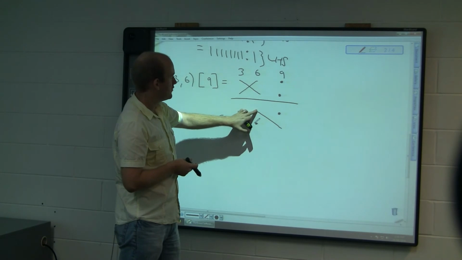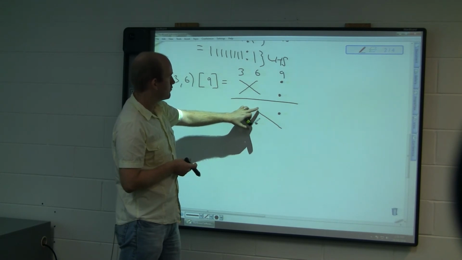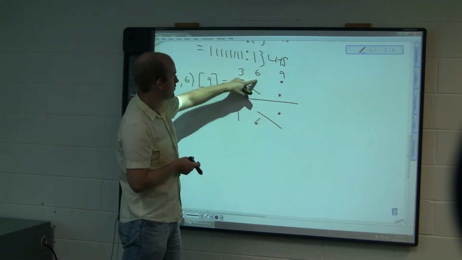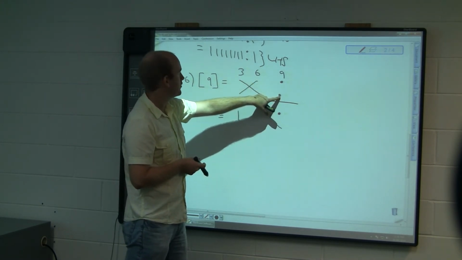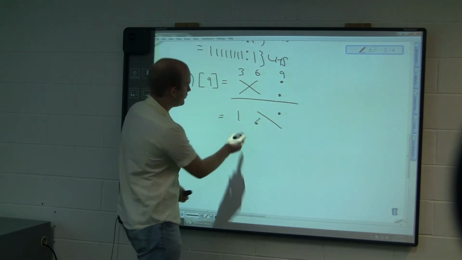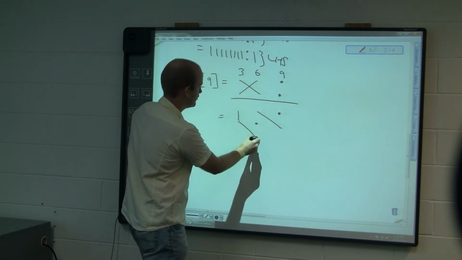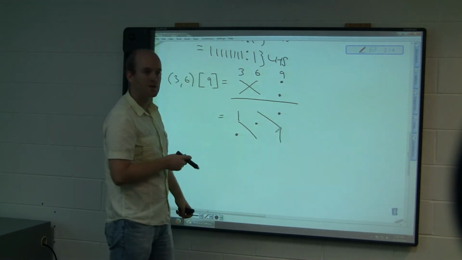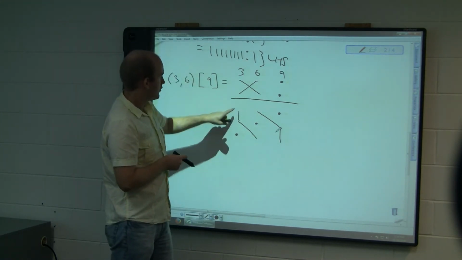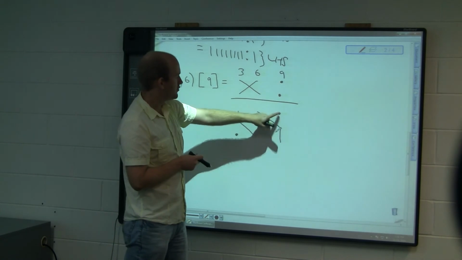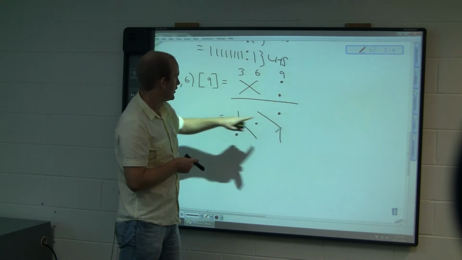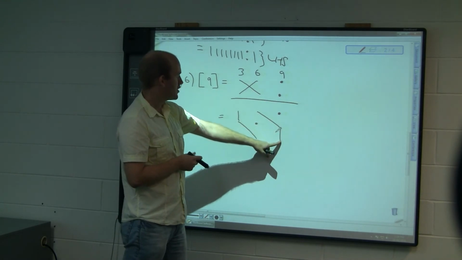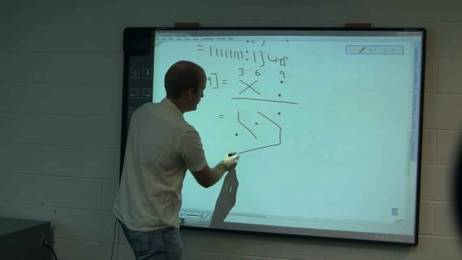Now this hasn't achieved too much yet. We've made sure that 9 is not going to be in the image of this product, but we mapped 6 to the wrong place. But what we have done is we've freed up some space for 3 to map to the right place, like so. So now 9 is not in the image as desired. 3 maps to 6, but 6 still is mapping over to 9. But we can just sneak it back like that.